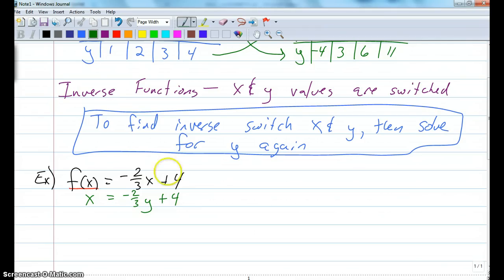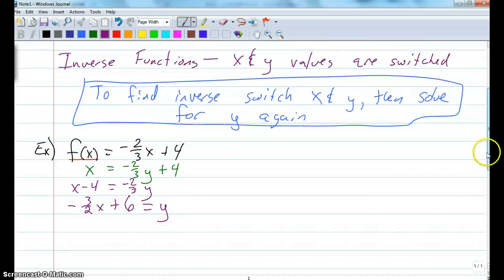So get y by itself. We're going to subtract 4 first. So we got x minus 4 equals -2/3 y. Then multiply by -3/2 on both sides, and you get -3/2 x plus 6 equals y.